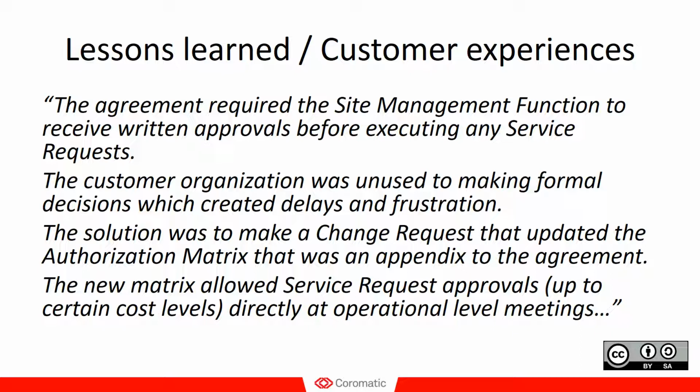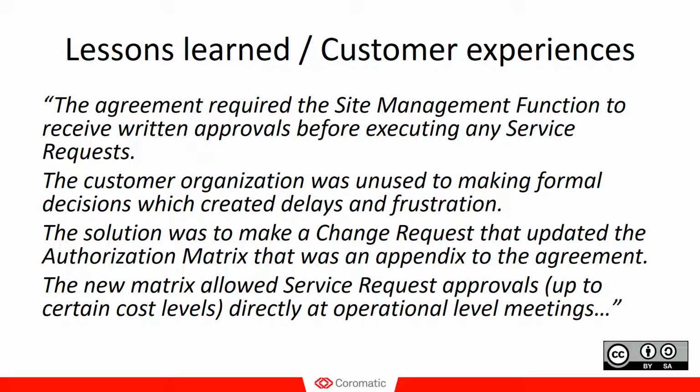So after a year of some frustration and noise in the organizations, the solution was that they made a joint change request on operational level to update the so-called authorization matrix, which was an appendix to the agreement on who was allowed to make which decisions.